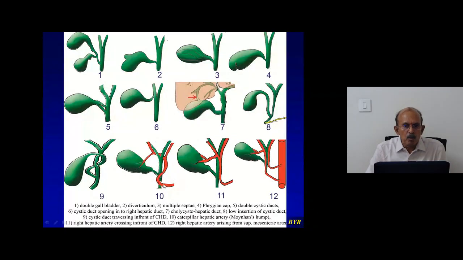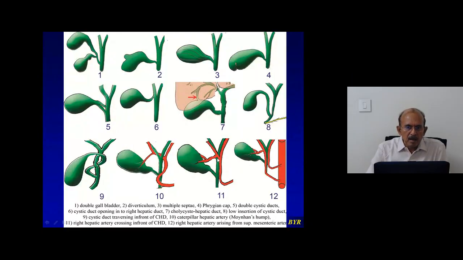This hump is at the junction of the cystic duct with the hepatic duct. When you are doing surgery for the gallbladder, this is the place where you put a ligature. When you are doing dissection here, this artery may be accidentally damaged, causing profuse hemorrhage and ischemia to the liver. That is why you must bear all these anomalies in mind while performing a cholecystectomy.